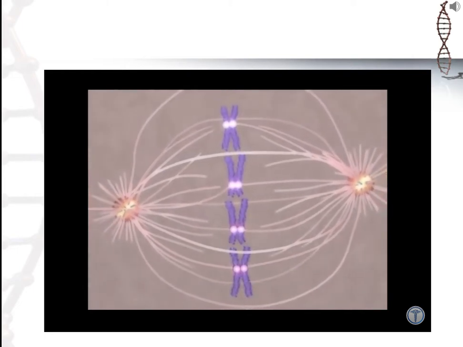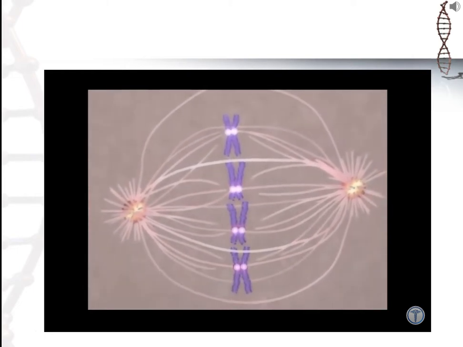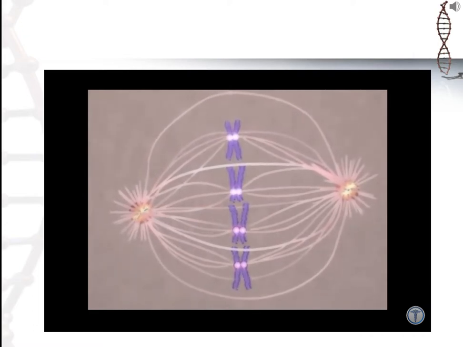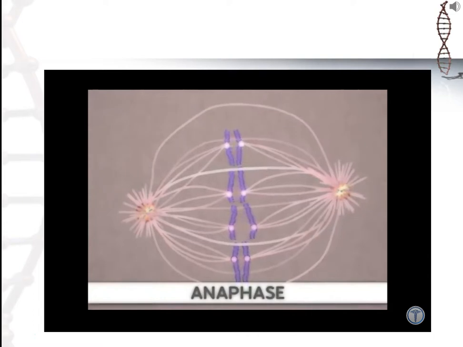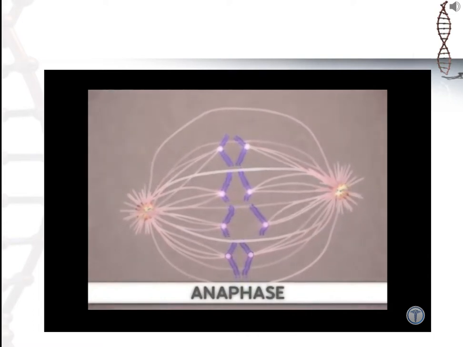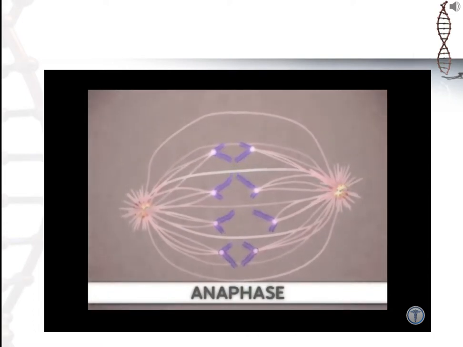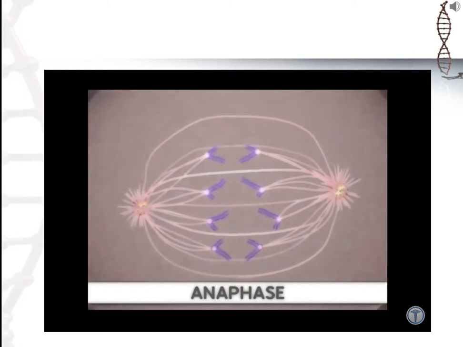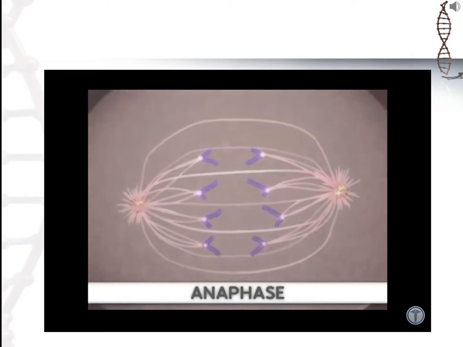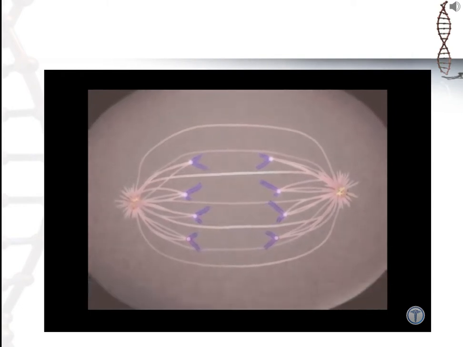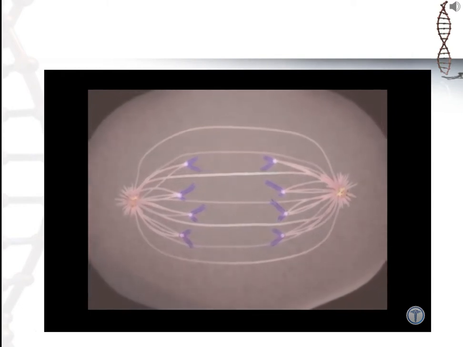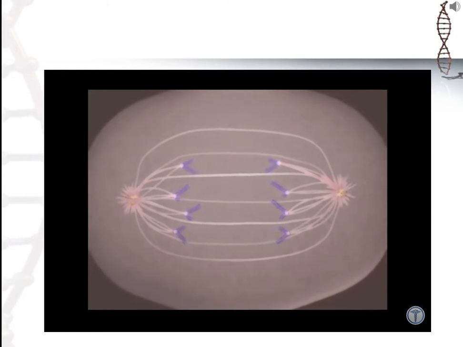This occurs during anaphase through a shortening of the microtubules attached to the kinetochores. Additionally, the poles of the cell move farther apart, causing increased separation of sister chromatids. At the end of anaphase, the sister chromatids have moved to the 2 ends of the cell. Telophase is the final stage of mitosis.